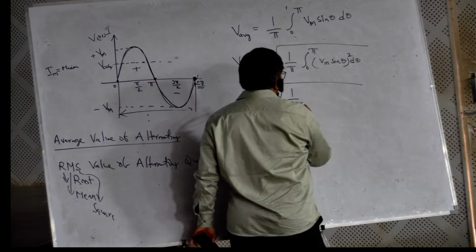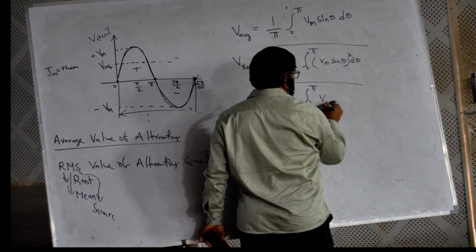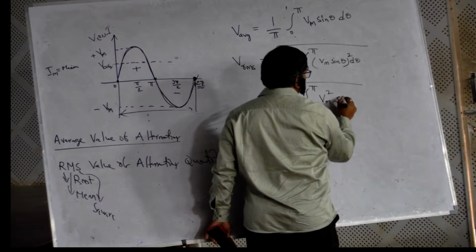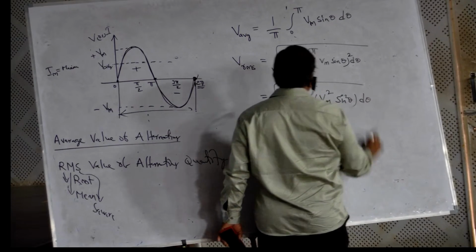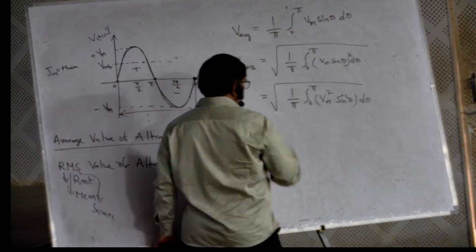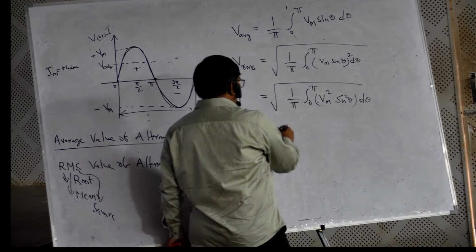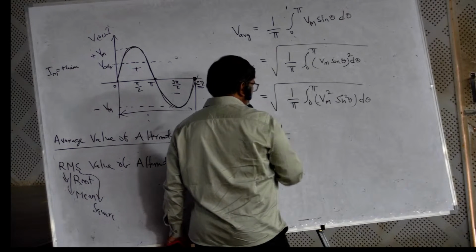Root of 1 by pi integral 0 to pi, sine square means Vm square sine square theta d theta. Now I am bringing out 1 by root pi.